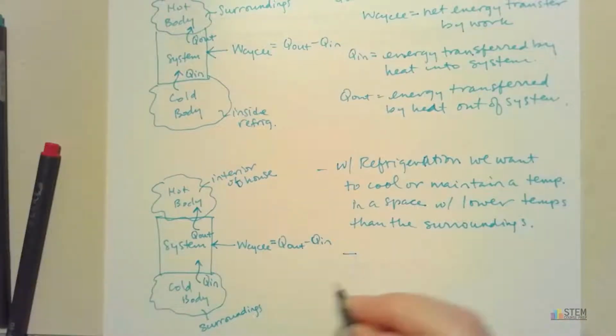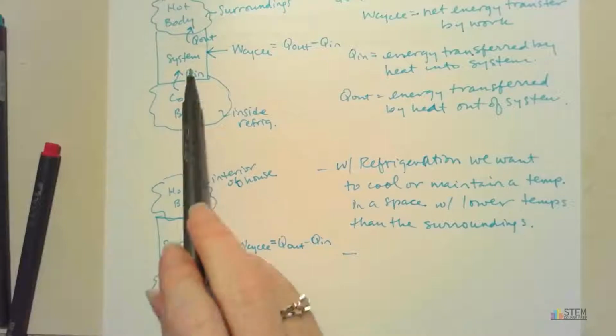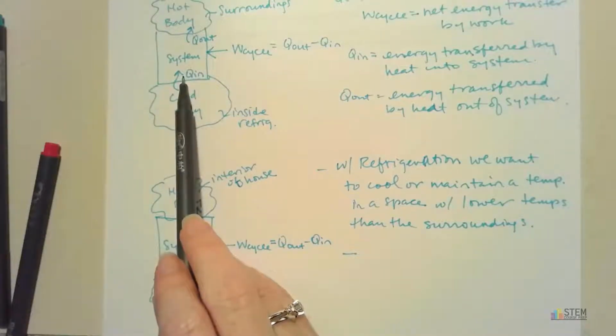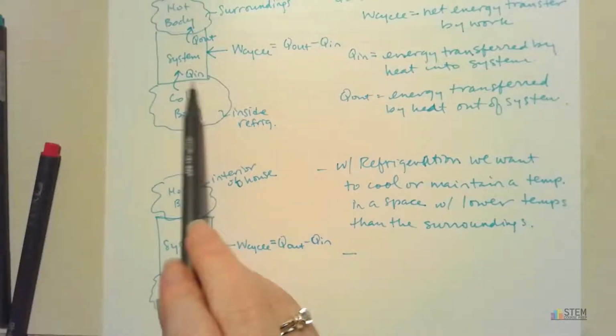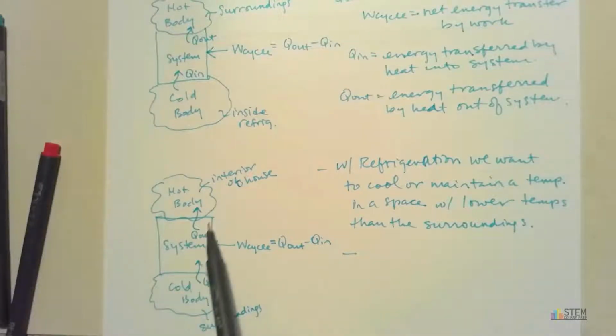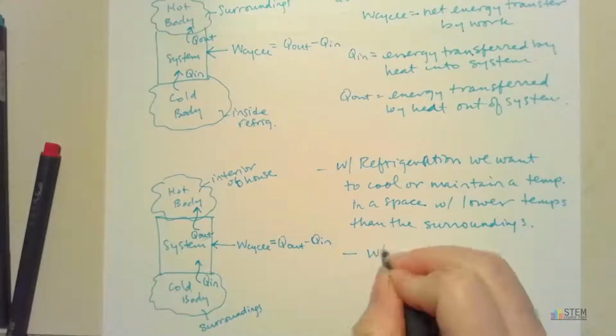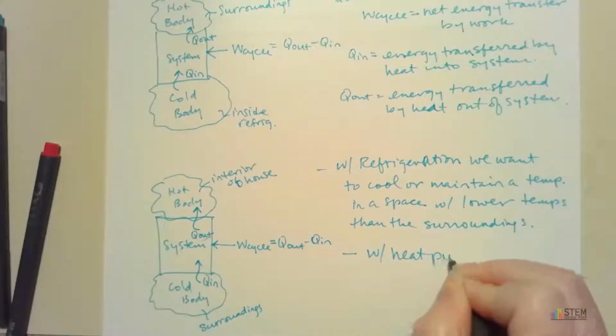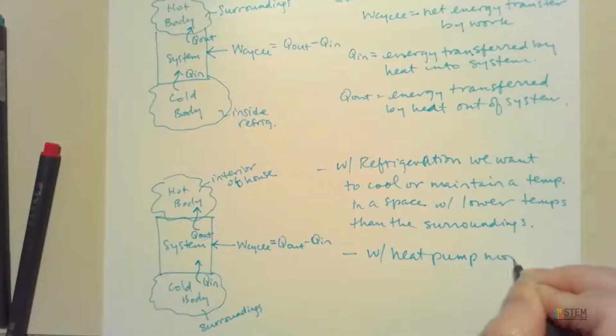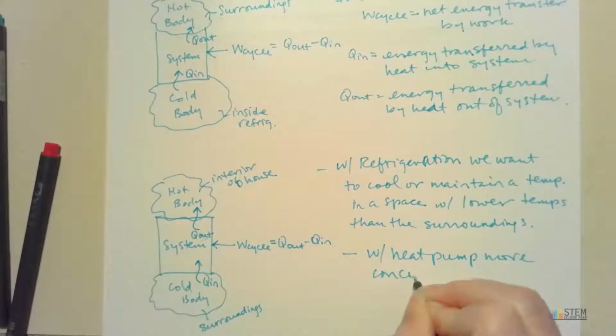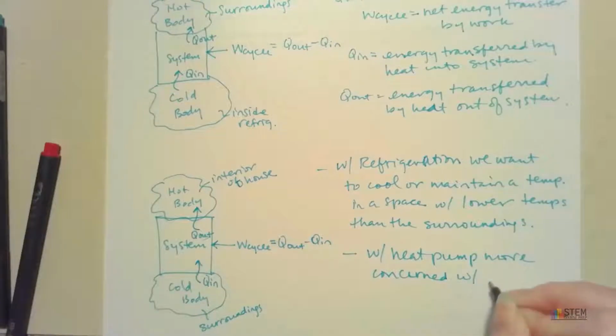Now with heat pumps, we're kind of concerned with the Q out, right? So with refrigeration, we want to get heat out of the inside of the refrigerator, so we care more about Q in. Now with the heat pump, we care more about the Q out because we want to warm up that hot body. We want to warm up the interior of the house. So let's put we're more concerned with Q out. Right?